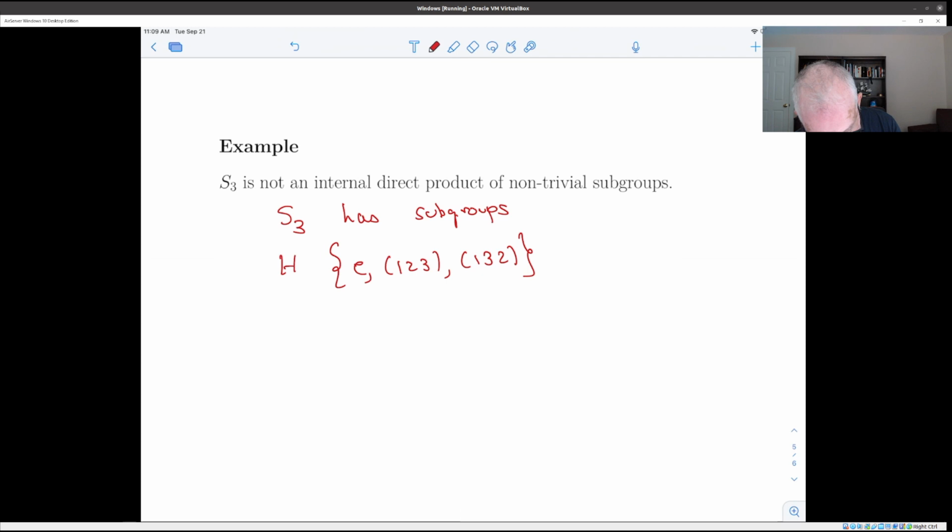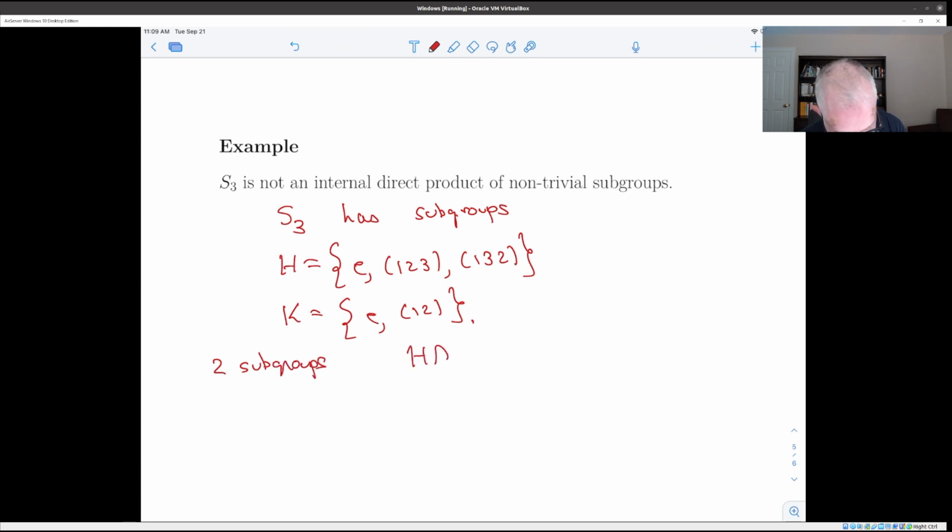So suppose we let H be this and K be {e, (1 2)}. So here we have 2 subgroups whose intersection is the identity, and which have the property that HK is all of S3.